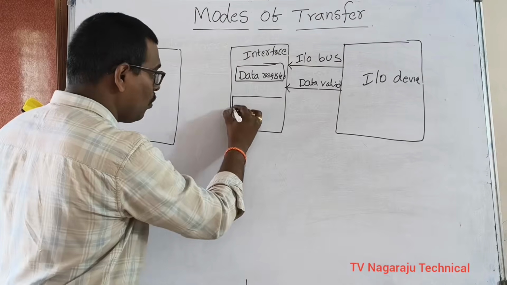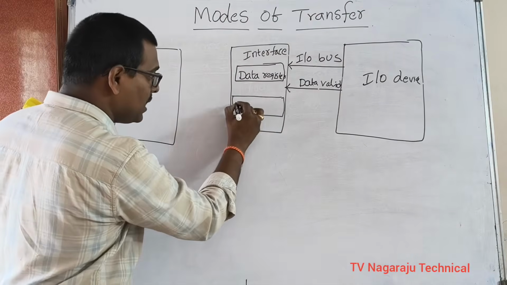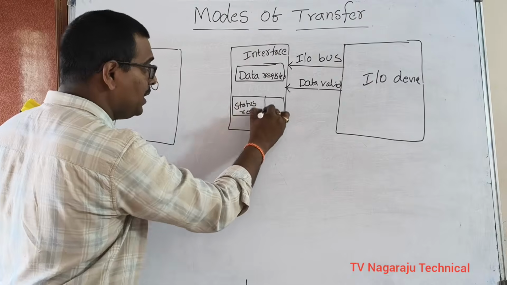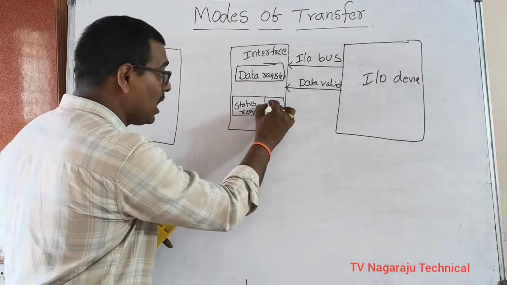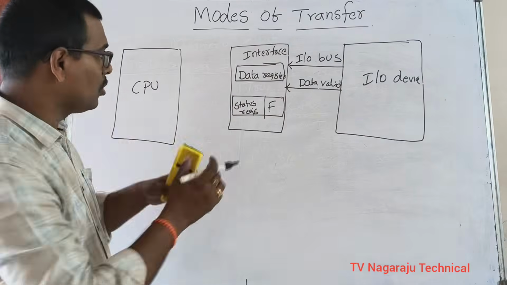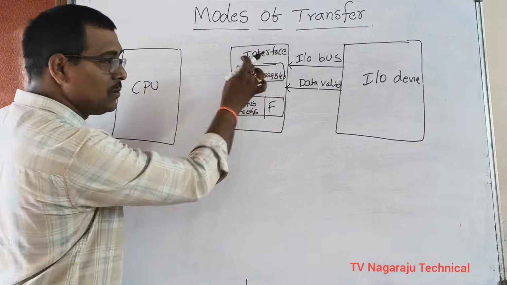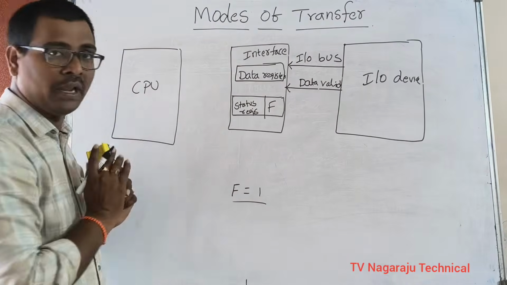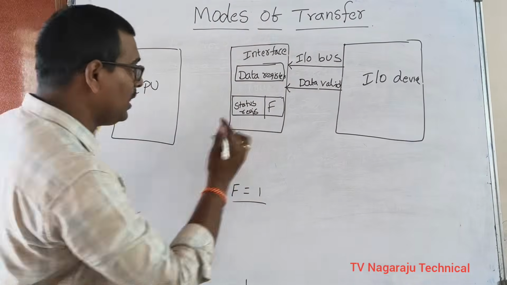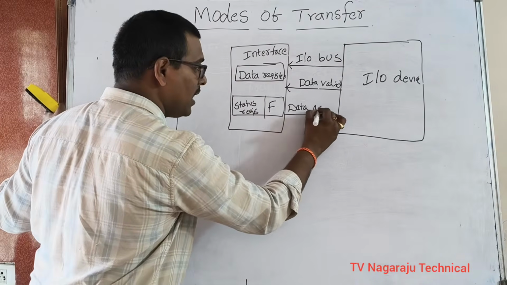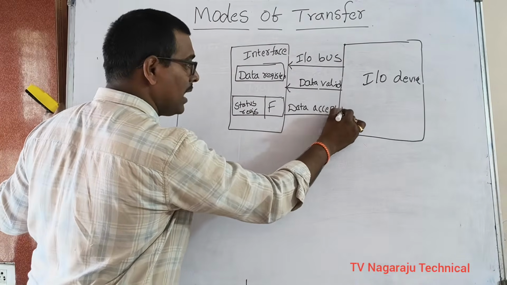Meanwhile, the status register, which is also maintained by the interface along with one flag. By default the flag is equal to 0. Whenever the data is placed into the data register, the flag is set to 1, and then it sends an acknowledgement, that is, data accepted.